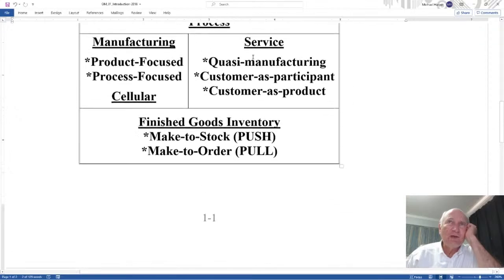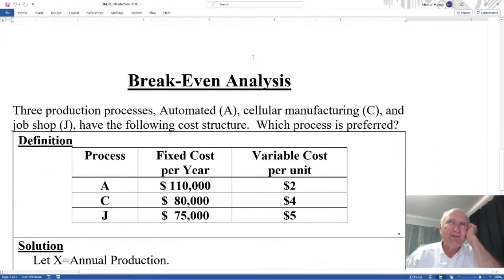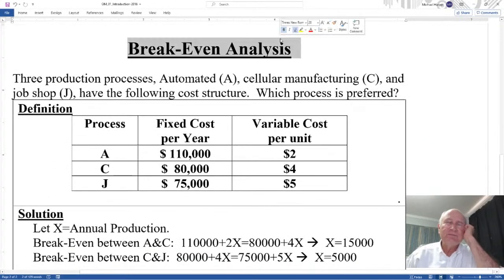Okay, that's the qualitative part. Now here comes the quantitative part. In the break-even analysis, here is where I am moving to mechanics, to calculating and quantitative analysis. I start with break-even analysis because we use break-even analysis over and over again in different places throughout this course.